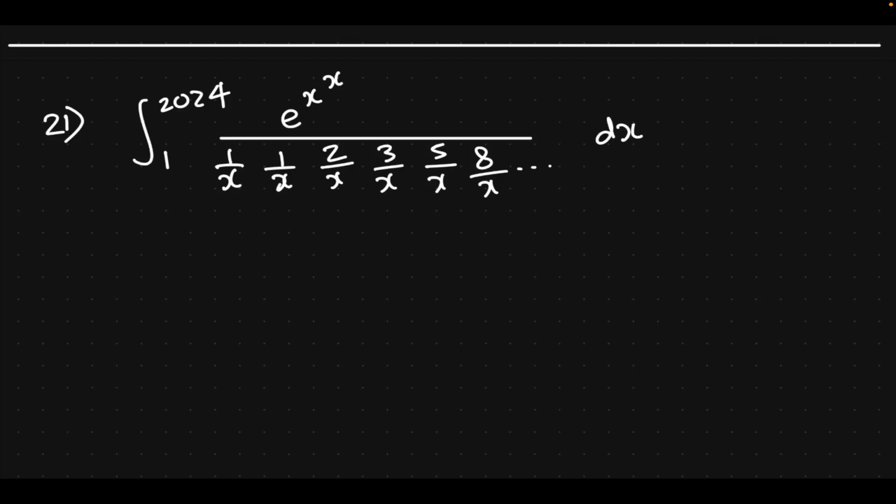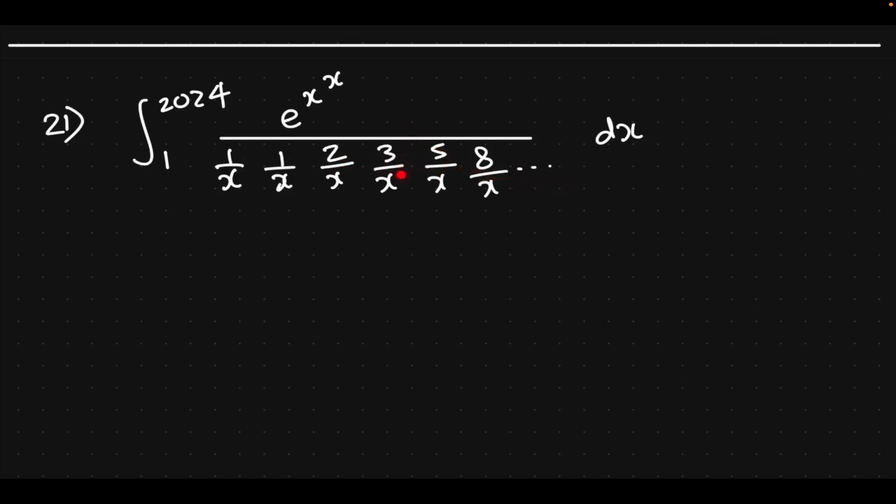Now, this was actually one of the easiest questions on the entire round 1 because the numerator has e to the x, of course, but the denominator is a Fibonacci sequence. You notice 1 plus 1 is 2, 2 plus 1 is 3, 3 plus 2 is 5, 5 plus 3, and so on.